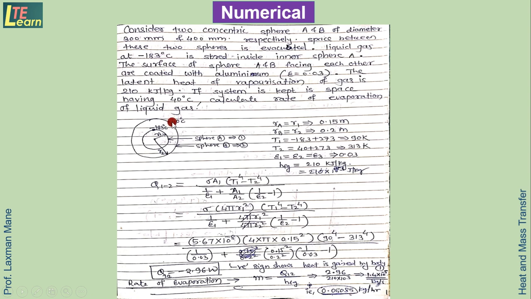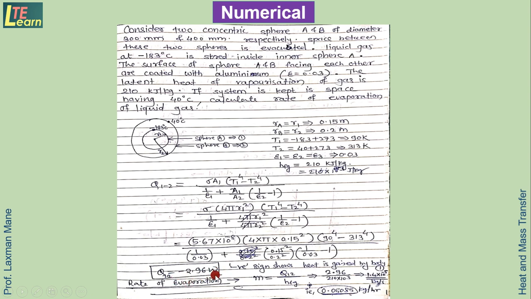We already discussed that the outside temperature is higher than the inside, and heat always flows from high temperature to low temperature. So there will be heat gain to the inside surface from the outside, and that is why this value has come out negative.